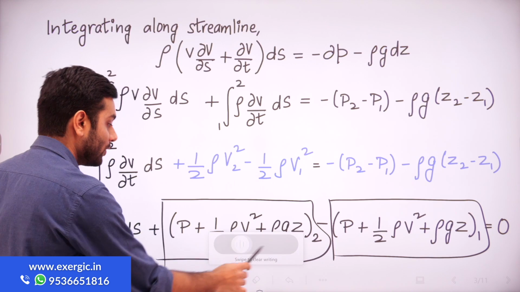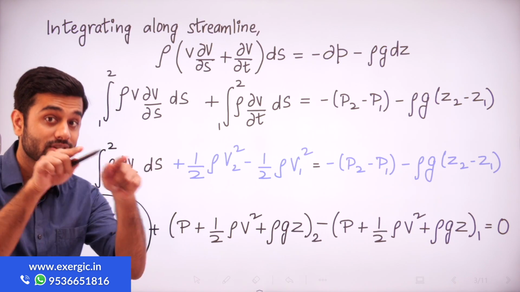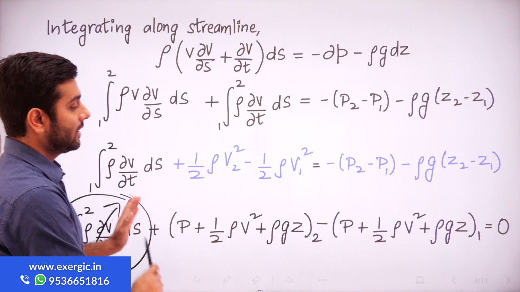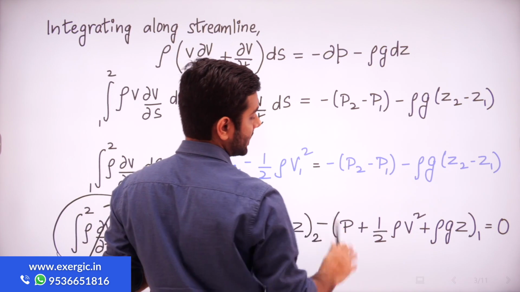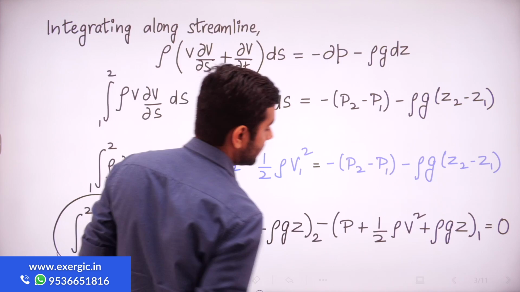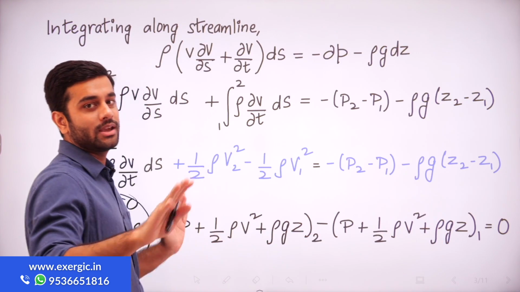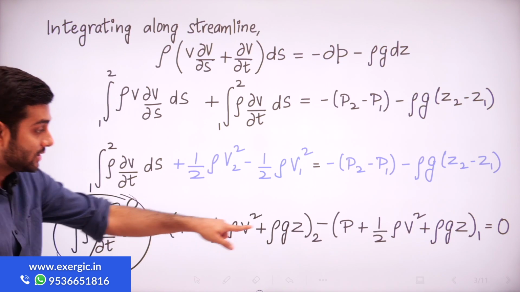But here one more term is present. This term is also present because del v by del t is not 0 now. Earlier it was 0. So this whole term was removed and only you had this equal to that. With the minus sign, you put that there on the right side, and you will get this sum equal to that sum. Same as the Bernoulli equation for steady state. But now you have this term as well with 2.